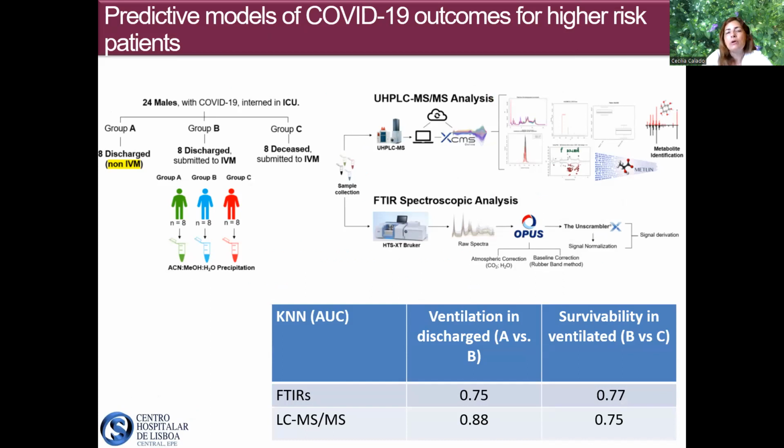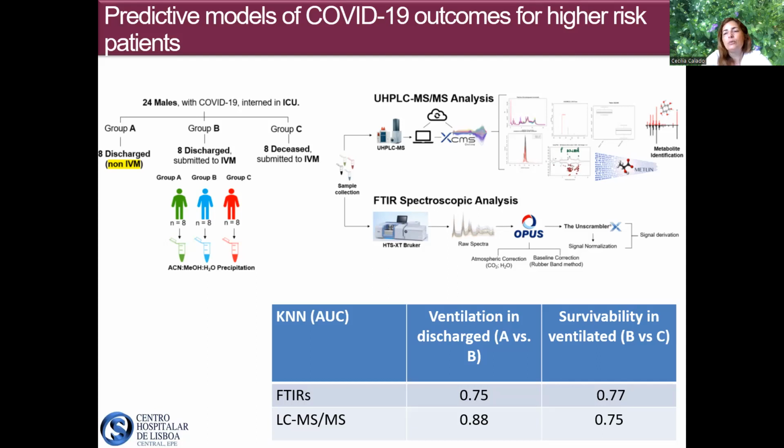Now we are working on another project, and we are also conducting the conventional mode to retrieve the metabolome, using chromatography associated with mass spectrometry, where we are able to identify the metabolites, in opposition to the infrared spectroscopy.